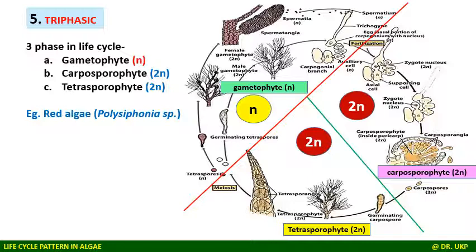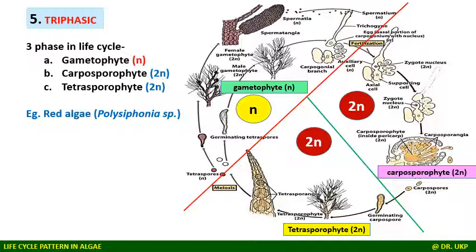But this is another phase, because this carposporophyte produces carposporangia and eventually carpospores. These carpospores, when they fall off from the carposporophyte, will germinate, and another plant body, called the tetrasporophyte, will grow up.